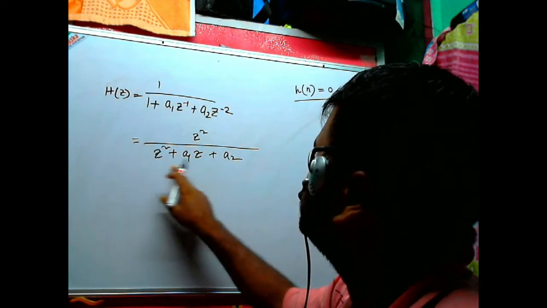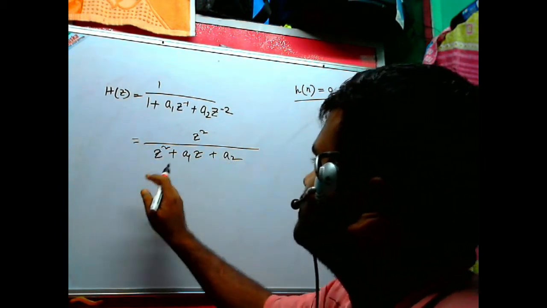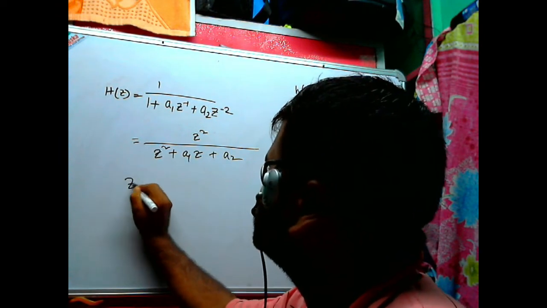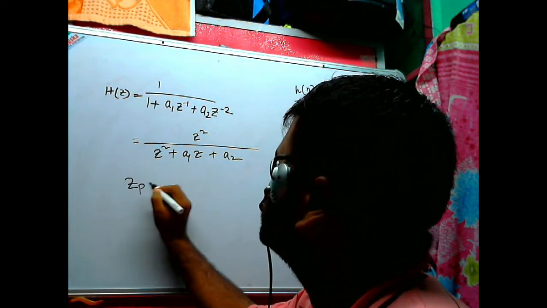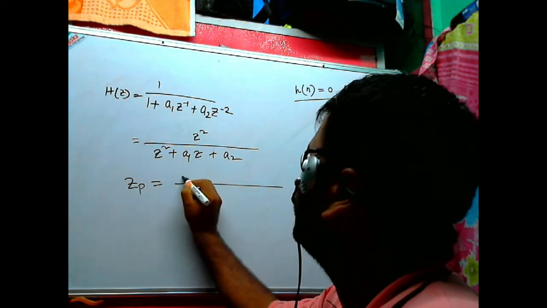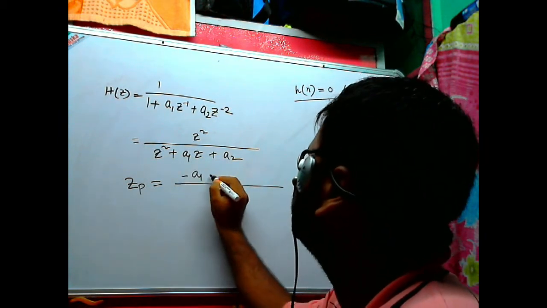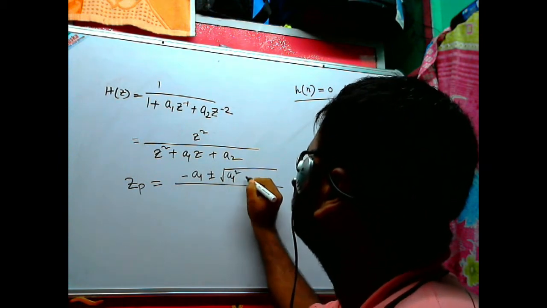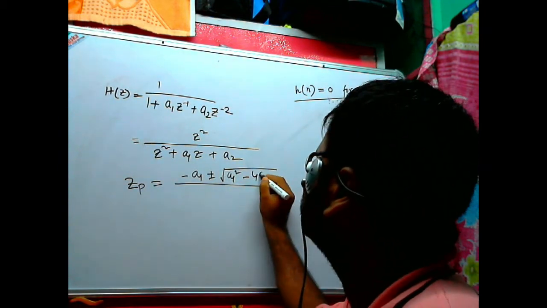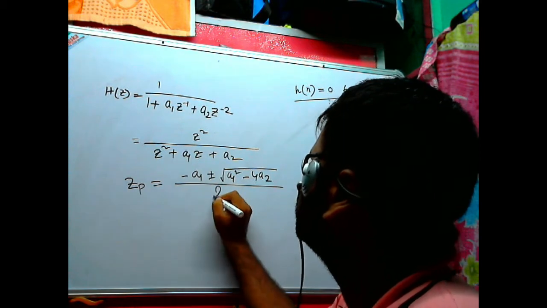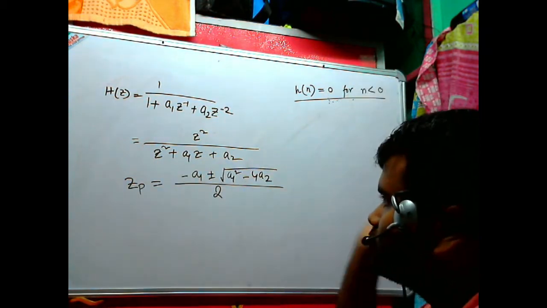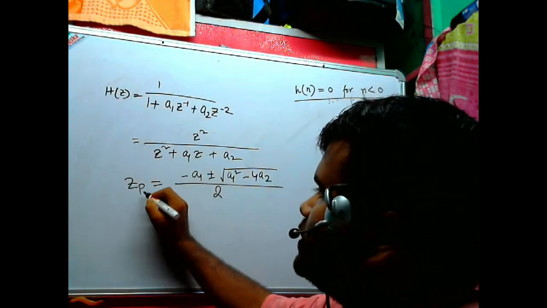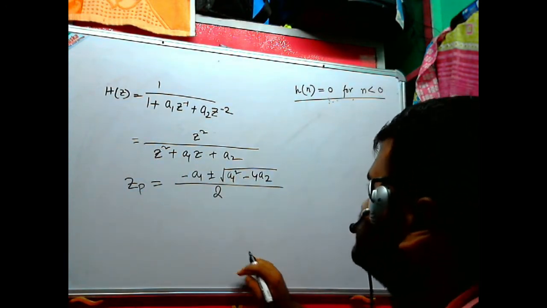From this polynomial you can find the location of the poles, zp, which is minus b plus minus root of b square minus 4ac, that is minus a1 plus minus root of a1 square minus 4 a2, divided by 2a, which is simply 2. We have two poles, p1 and p2.